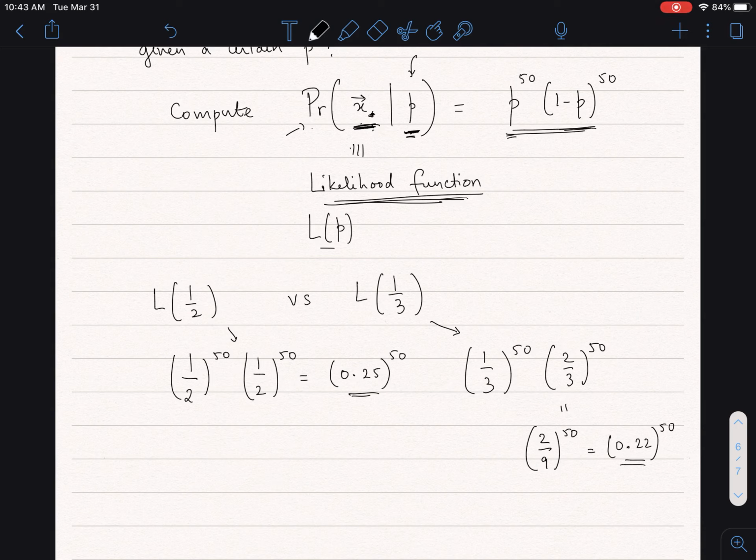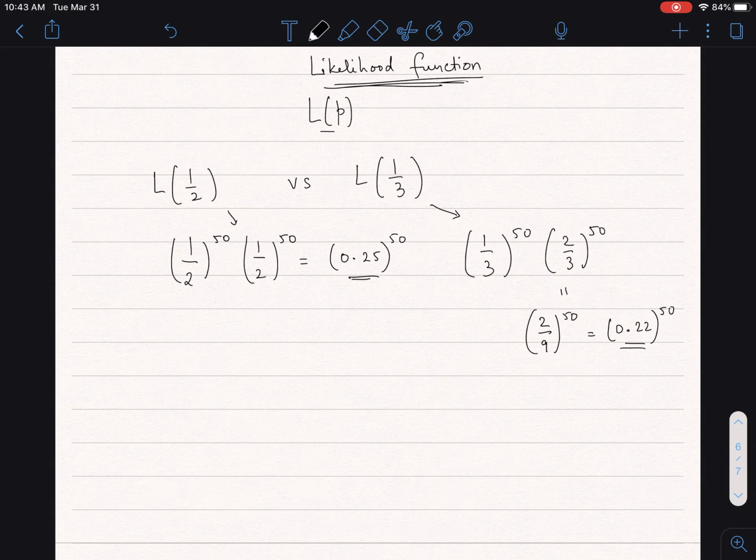Okay, so what you will observe right away is that L of half is significantly larger than L of 1/3, right? Because the difference between 0.25 and 0.22 is not too much, but if you raise it to the power of 50, then the gap becomes pretty amplified.